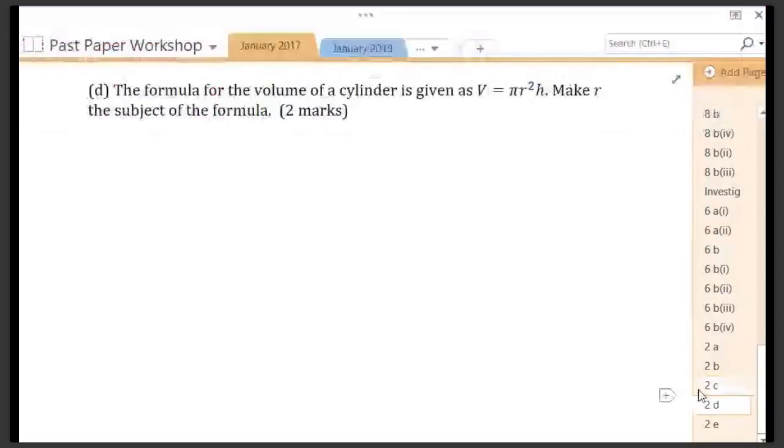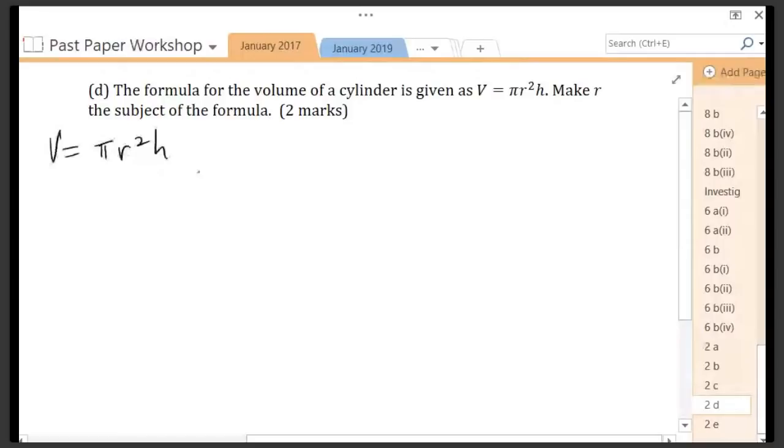Okay, the formula for the volume of a cylinder is given as volume is equal to pi r squared h. Make r the subject of the formula. So I'm going to write here V is equal to pi r squared h. And they want to make r the subject of the formula, so I'm going to write there r. Now, because I want to get r as its subject, I'm going to divide both sides of the equation by pi h.